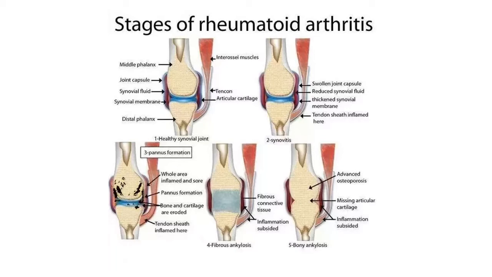Then it eventually will turn to bone and actually ossify, and so there's no articular cartilage. These bones fuse, and this is advanced rheumatoid arthritis, and you also start getting osteoporosis as well. So not much inflammation, but the bones are now fused, and they can't move. So you lost movement at that joint. Next slide.